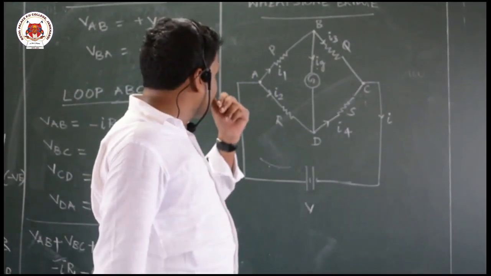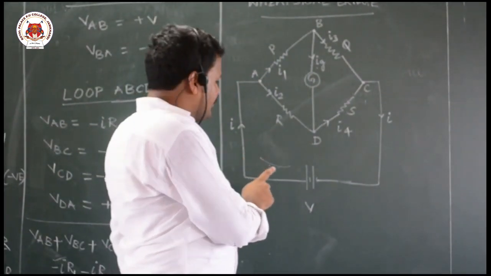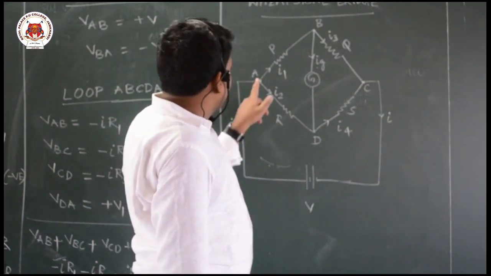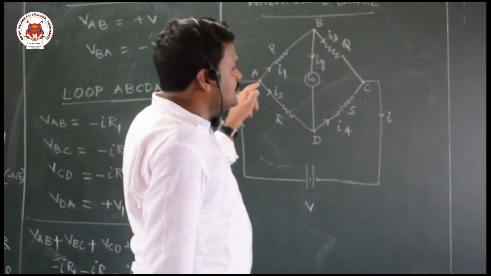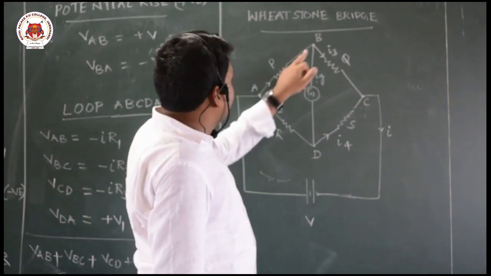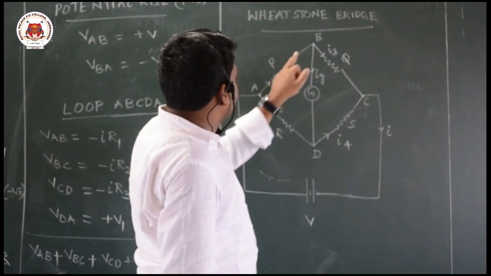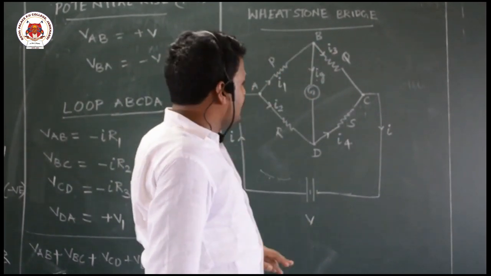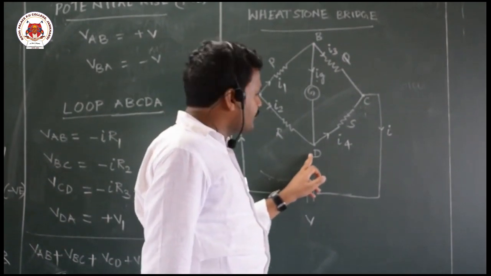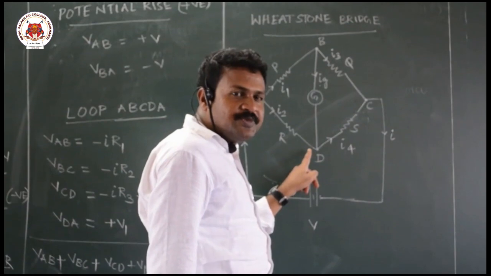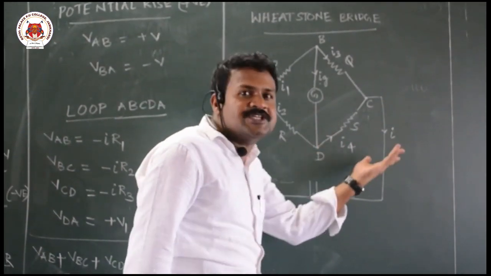So once again I will explain the distribution of current here. Let us consider current I is coming out from the battery. At junction A, I is entering the junction, so I1 and I2 must leave the junction. Next at junction B, I1 is entering, I3 and Ig are leaving the junction. Now at junction D, I2 is reaching, Ig is also reaching, so you must make I4 leave the junction.